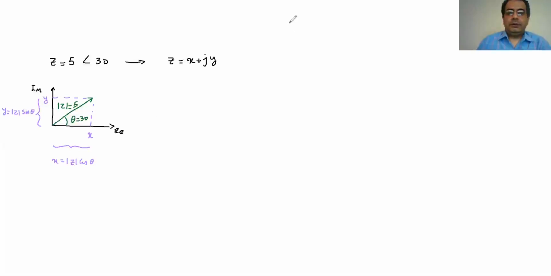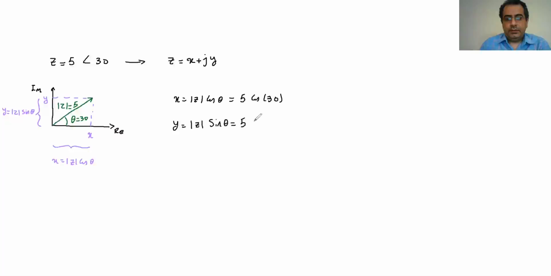So I can go ahead and calculate them. x is z cosine theta, which is 5 cosine 30, and y is z sine theta, so it's 5 sine 30.